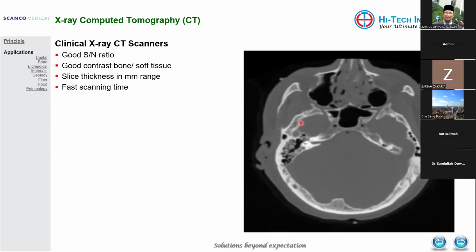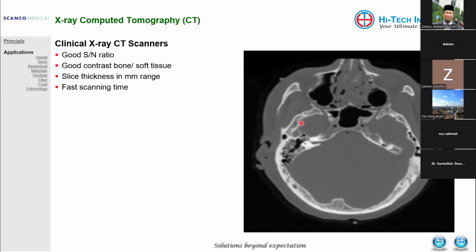The resolution for hospital-grade or clinical-grade CT mainly ranges from about 100 micron upwards. However, their focus is to have a good contrast and signal-to-noise ratio, especially on the soft tissue, as well as low radiation exposure.